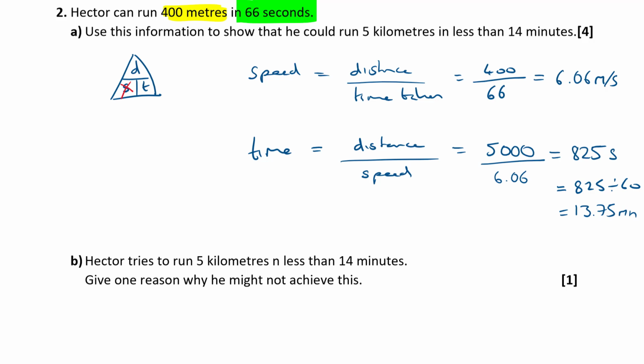If it was any other sort of question, maybe I'd convert into minutes and seconds. But here I just need to show that it's less than 14 minutes, which I've kind of done already. So I'm just going to finish off with that then. So I can therefore say, Hector could run it in 13.75 mins.